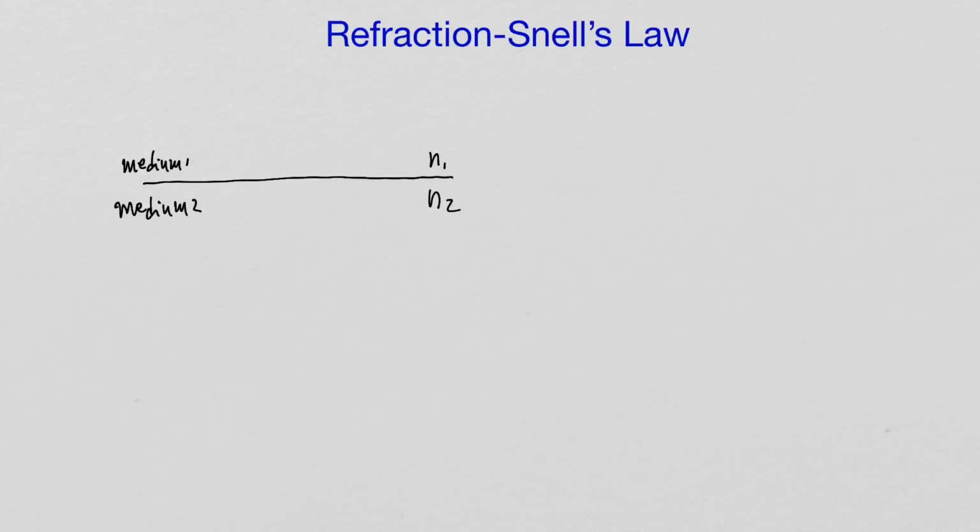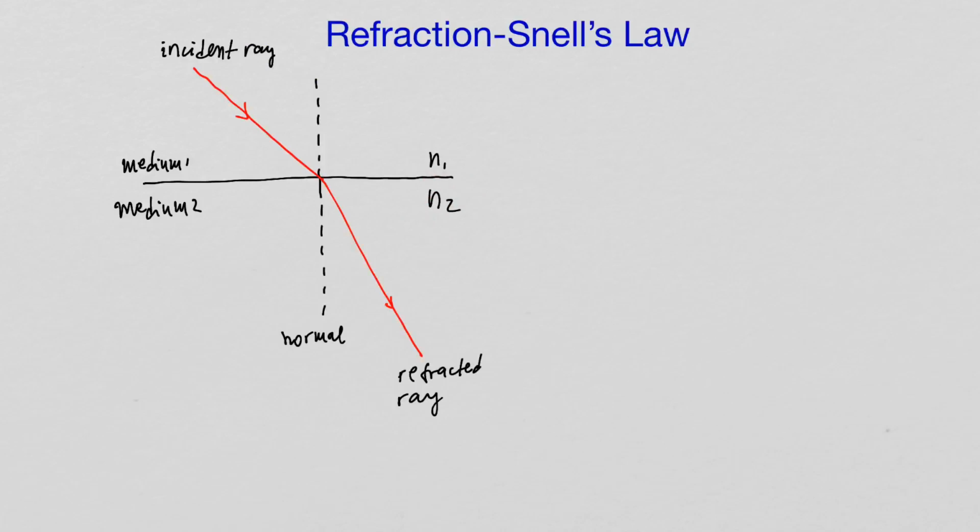So since those are two different media, each of them will have its own index of refraction. Let's call the index of refraction of medium 1 n1, and the index of refraction of medium 2 n2. Let's look at one ray coming in from medium 1 into medium 2. So in medium 1, this is called an incident ray, and then in medium 2, that will be the refracted ray.